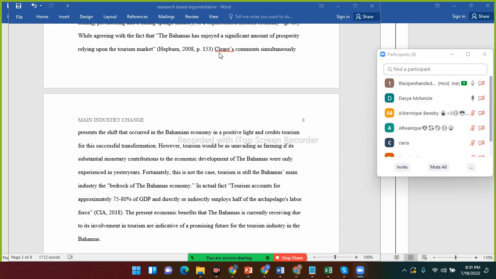Tourism is still the Bahamas' main industry, the bedrock of the Bahamas' economy. In actual fact, tourism accounts for approximately 75 to 80% of GDP and directly or indirectly employs half of the archipelago's labor force. The present economic benefits that the Bahamas is currently receiving due to its involvement in tourism are indicative of a promising future for the tourism industry in the Bahamas.